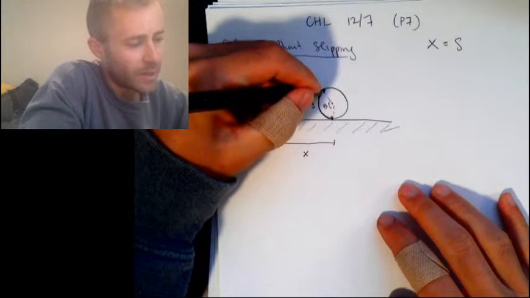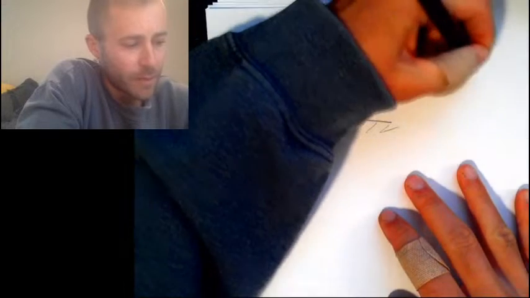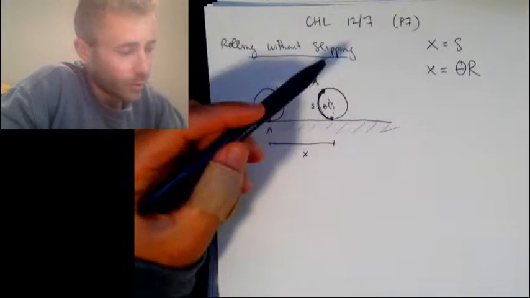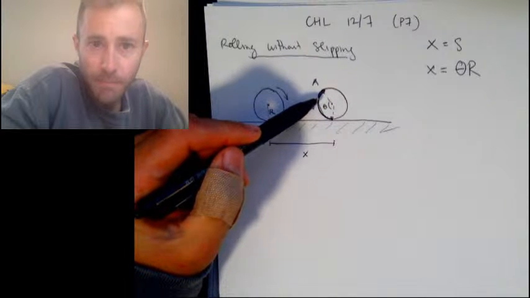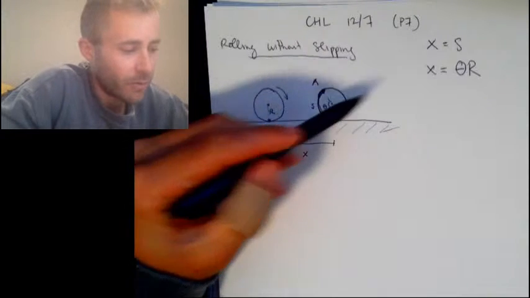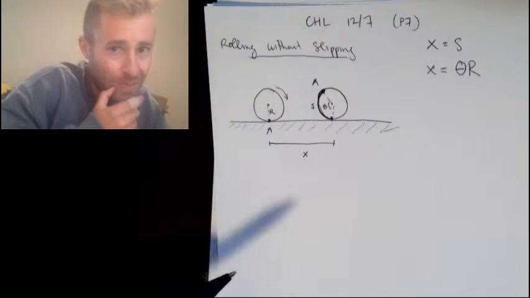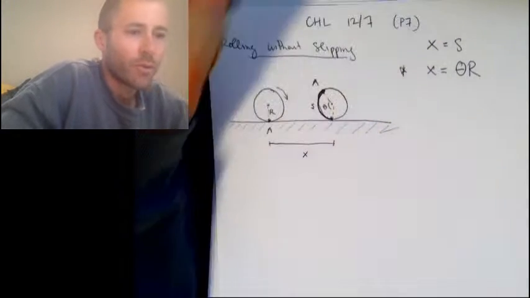Now, how can we calculate this arc length for a circle? That's really easy. The arc length is equal to theta times r. It's easy to understand why: if you went all the way around the circle, theta would be 2 pi, and you would have s equals 2 pi r, which is the circumference of the circle. So this equation is for rolling without slipping.